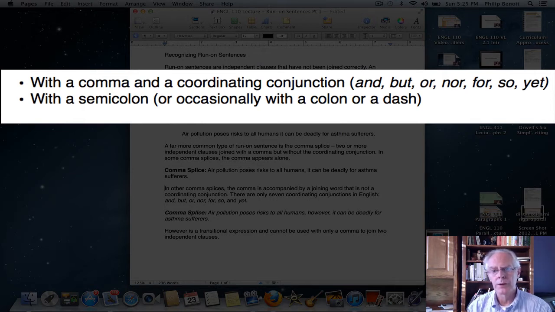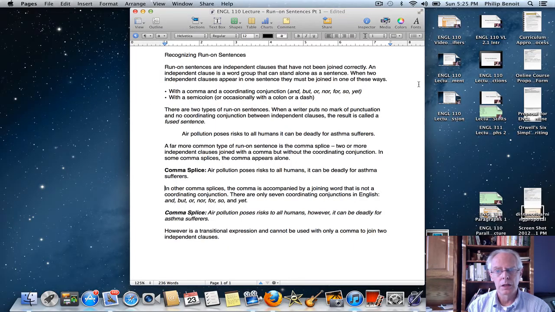And you need one of those and a comma if you want to correct a run-on sentence with two independent clauses joined incorrectly. Or you can use a semicolon, or occasionally a colon or a dash, depending on the sentence you're involved with. But a semicolon, where you have joined the two clauses, will also make it a correct sentence and not a run-on sentence anymore.